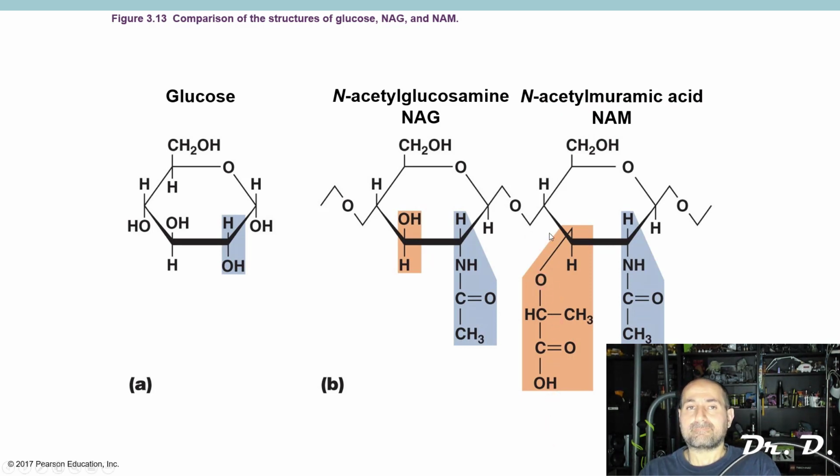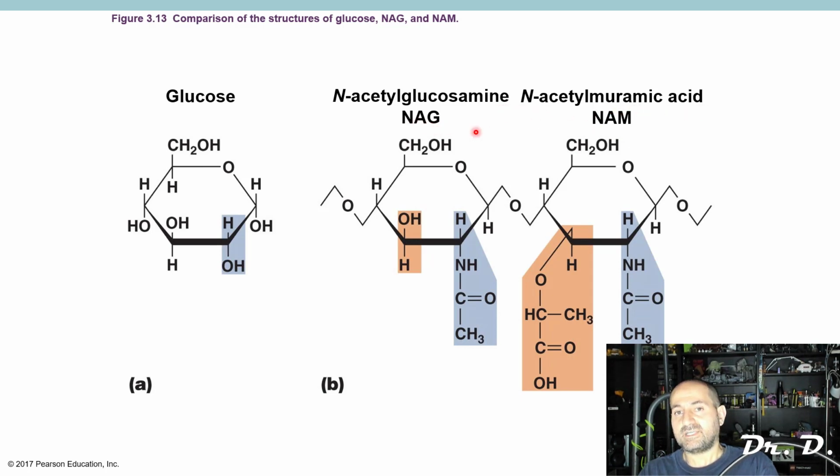So what you need to understand is that the building block for peptidoglycan is not just made of sugar, but also a chain of amino acids, a short peptide chain of amino acids. And this structure is called NAG for N-acetylglucosamine and NAM for N-acetylmuramic acid.